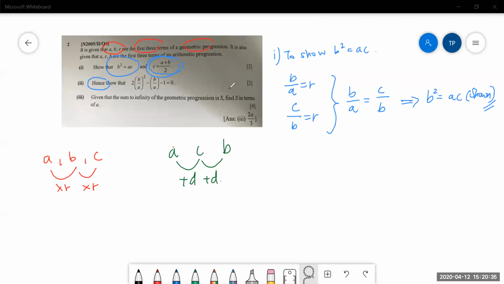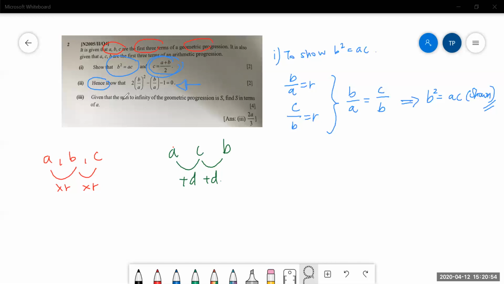This is just normal simultaneous equations, right? Just sub the C into the B squared. Correct, very simple. Once you sub it in, you will get this.